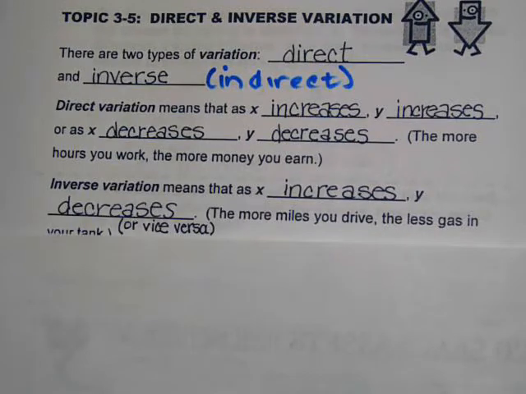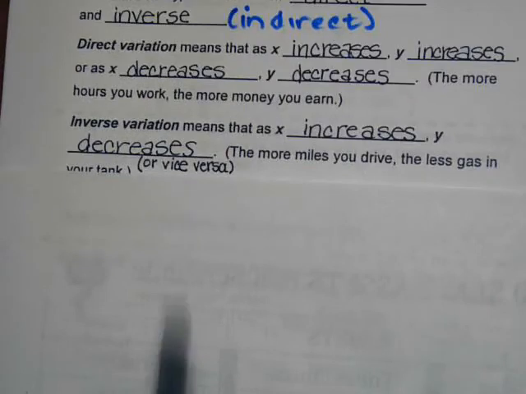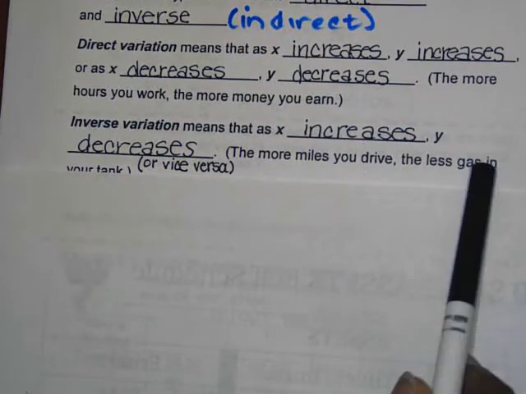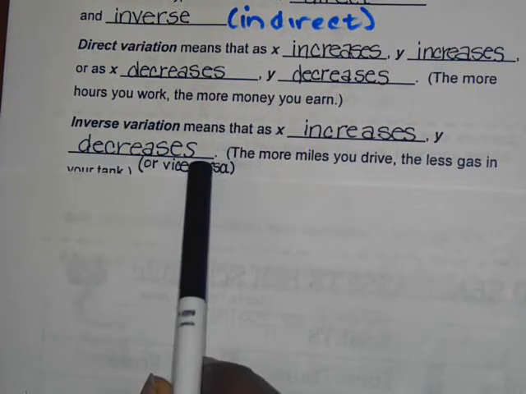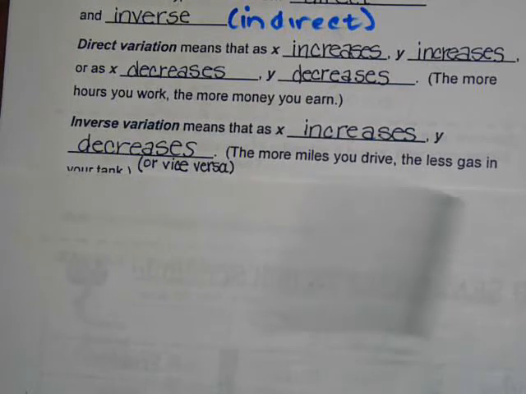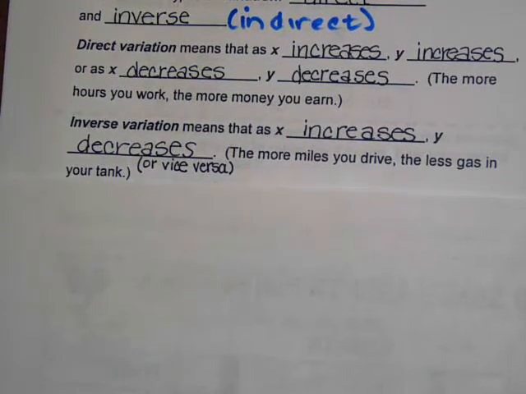All right, so inverse variation then is as x increases, y decreases. The more miles you drive, the less gas you have in your tank. It could also be vice versa.